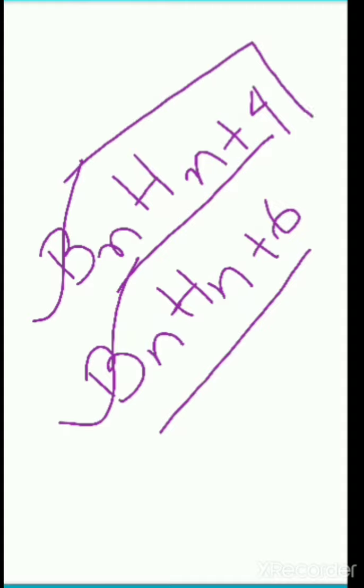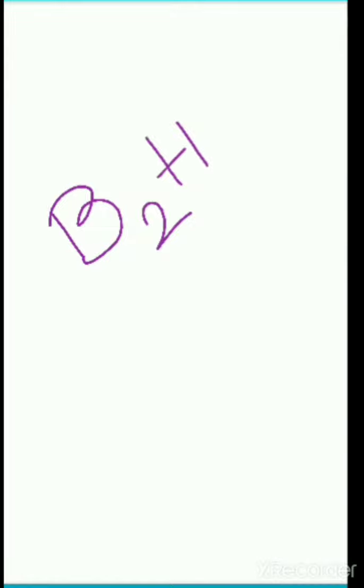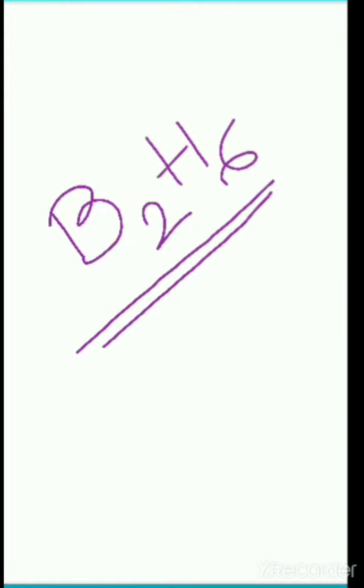This nido borane is much more stable than arachno borane, and due to stability, nido borane's melting point is high, and arachno borane's melting point is low. Now this B2H6 is known as diborane.